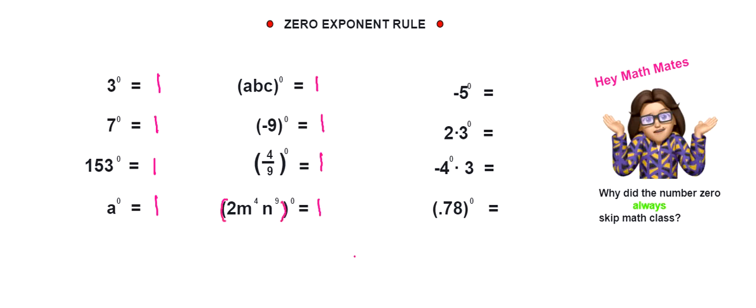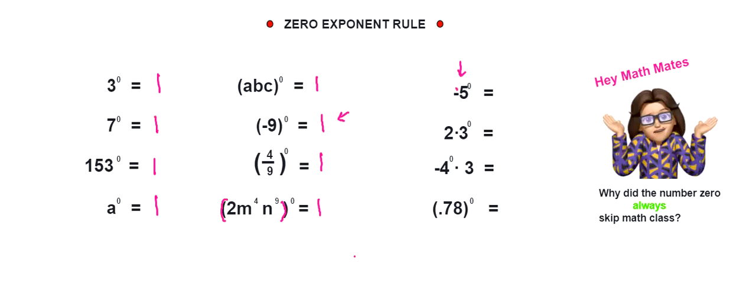Now, the next one, I don't want you to get tricked here. Look at the difference between this problem and this problem. When I look at this -9, the -9 is in parentheses, which means all of it is to the 0. But up here, we've got a -5 to the 0.